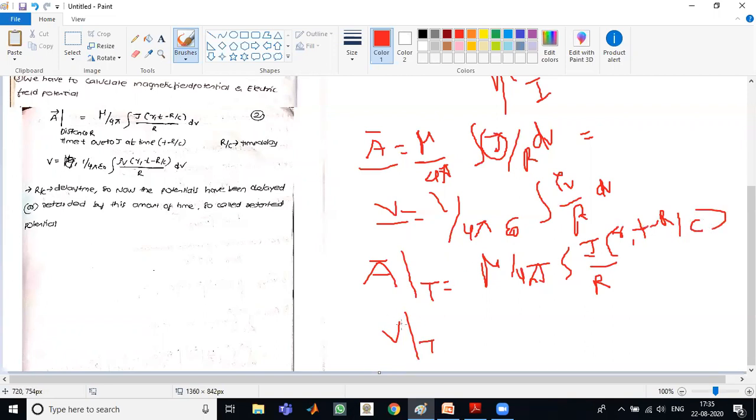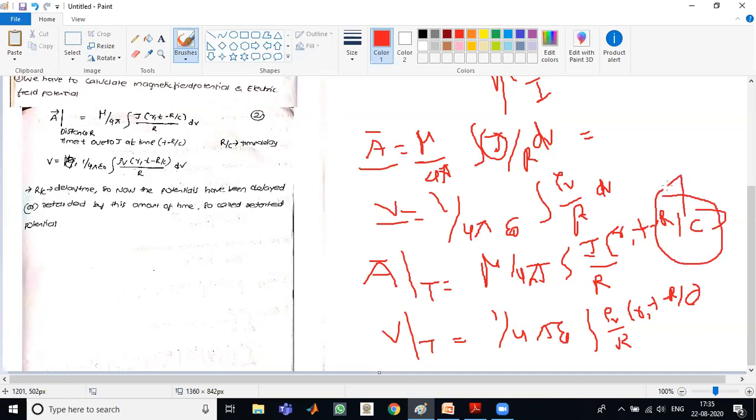In the same way, V is 1 by 4 pi epsilon naught integral rho v by R. This is the general formula, and this is depending on the time, r comma t minus R by c. This R by c is known as time delay.